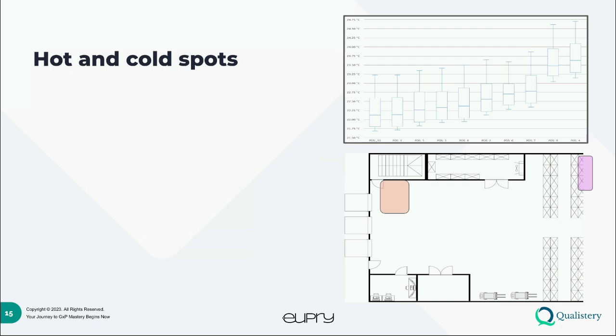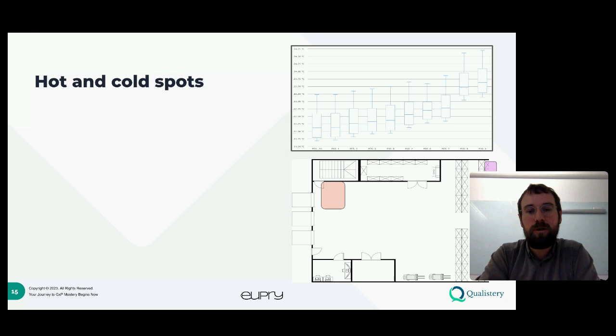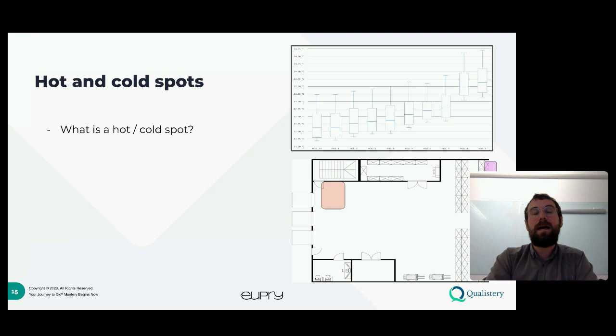So getting back to hot and cold spots, this exactly leads us on all this data. What are we going to use it for? Well, basically, we're using this data to identify risk zones and identify what WHO guidelines and ISPE guidelines identify as hot and cold spots. But again, what is a hot and cold spot?